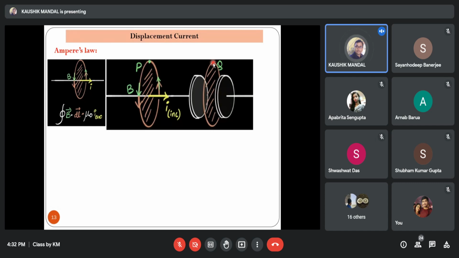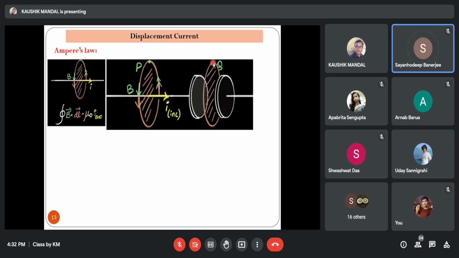Ampere's law says that if we consider a closed loop surrounding a current carrying conductor, the integration of B dot dl will be equal to the total current enclosed by the surface.